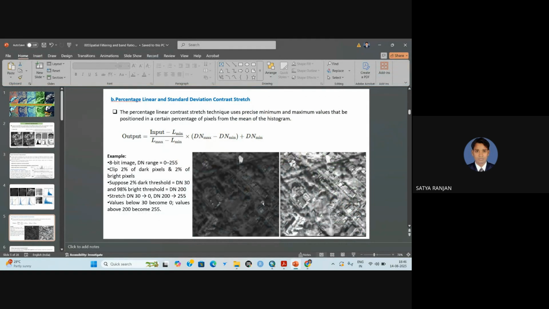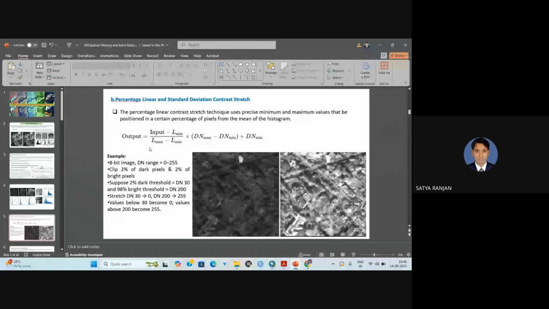Then percentage linear and standard deviation contrast stretch. So second is the standard deviation based contrast stretch. In this contrast stretch, the technique uses precise minimum and maximum values that we position at a certain percentage of pixels from the mean of the histogram.